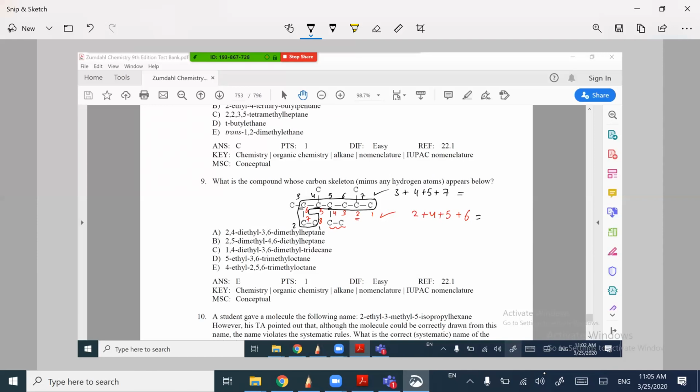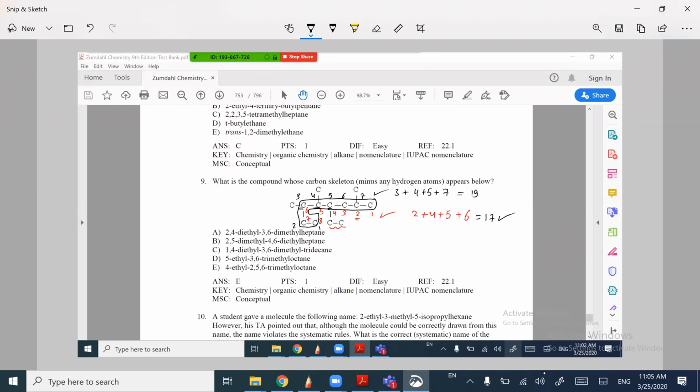If we add, 3 plus 4 is 7, 7 plus 5 is 12, 12 plus 7 is 19. From the other side, 2 plus 4 is 6, plus 5 is 11, plus 6 is 17. So 17 is the lower sum, so it is the correct one.